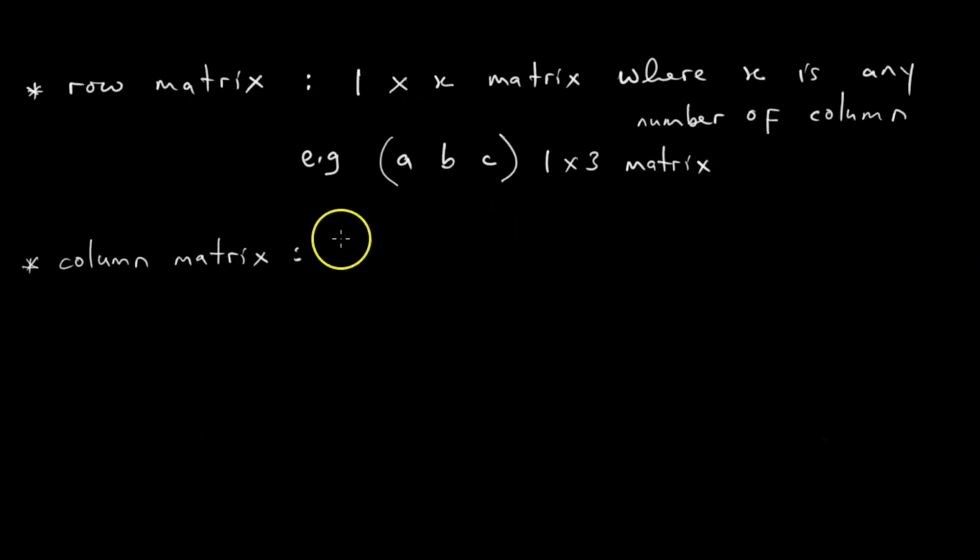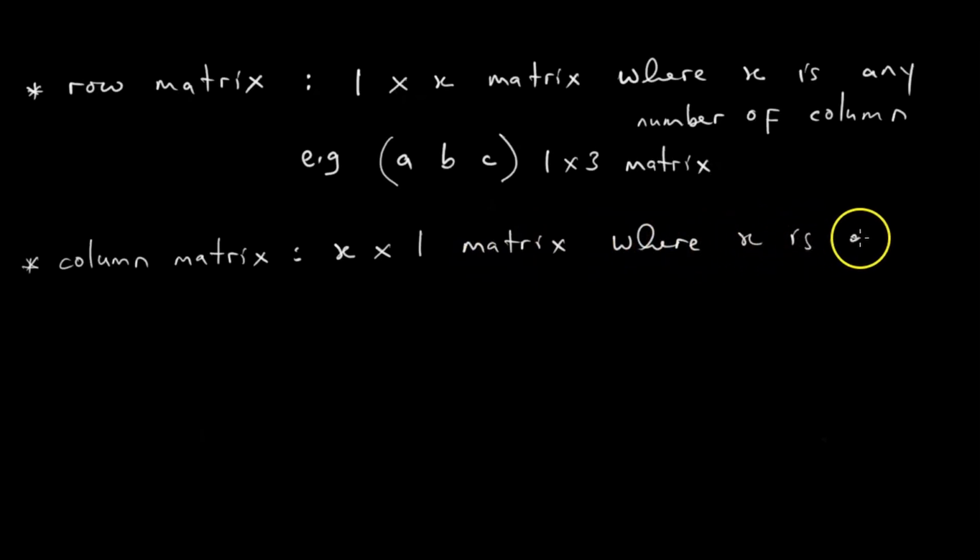In this case, this is an X by 1 matrix, where X is any number of rows. Saka kana chiti a column matrix, tiri kuti we only have 1 column and whatever number of rows.